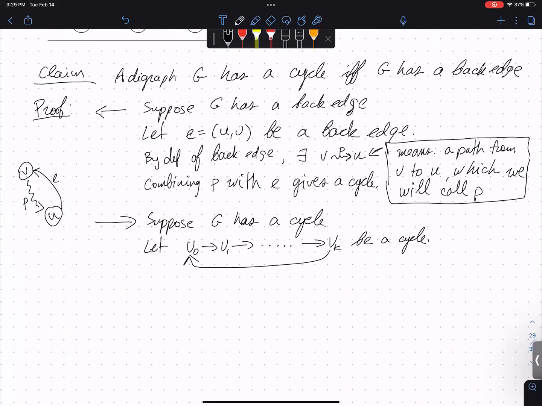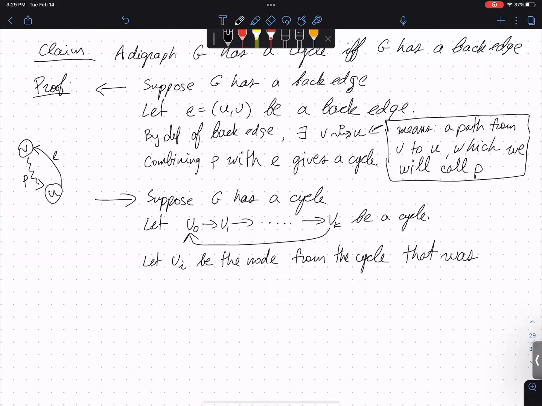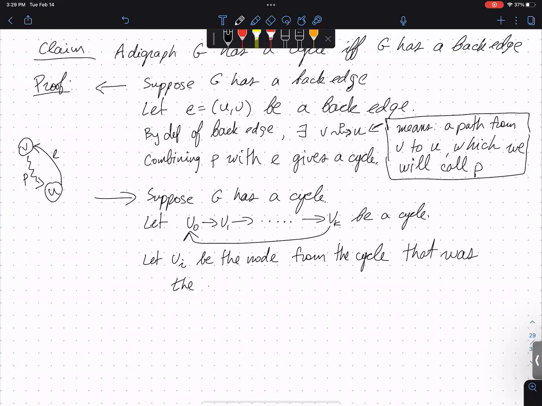We just have to give it a name. Let VI be the node from the cycle that was discovered first, let's say, the earliest to be discovered.